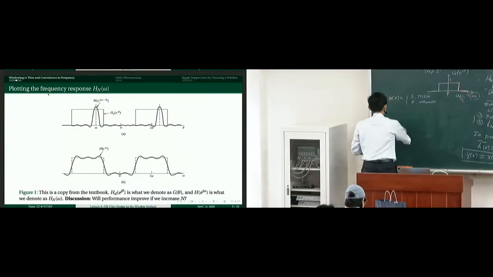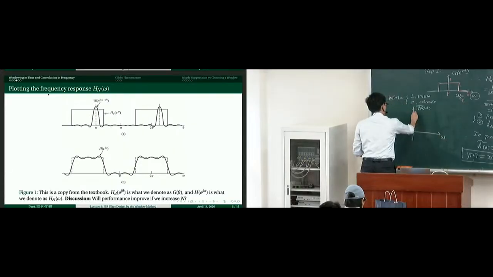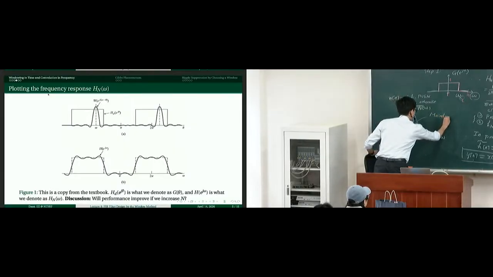In general, when this goes to the frequency domain, when we evaluate its spectrum as a function of small omega, generally we have a main lobe with zero crossings. And this is called the main lobe.